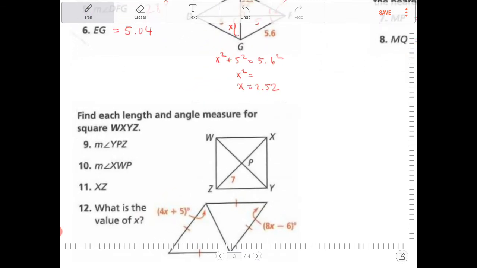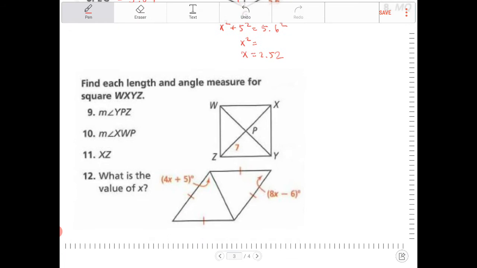Okay. Find each length and angle measure for square WXYZ. So if I'm told one of the half diagonals there is 7, that means PX is equal to 7. WP is equal to 7, and PY is equal to 7.